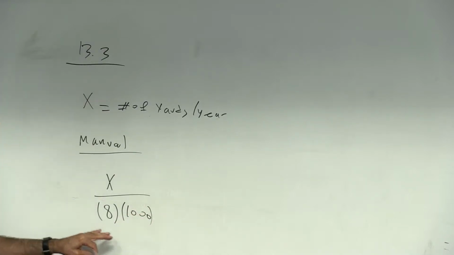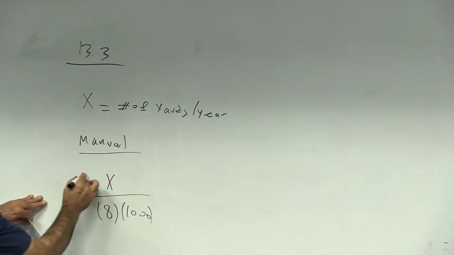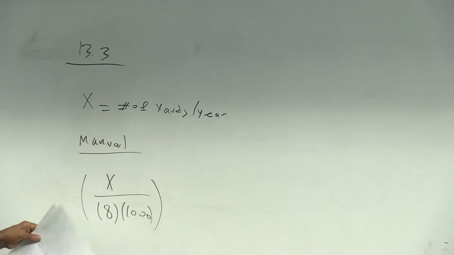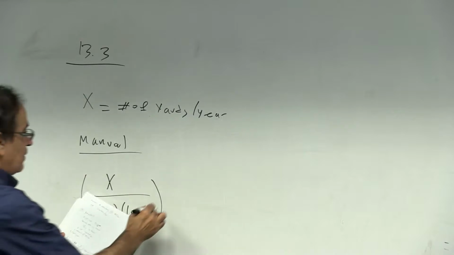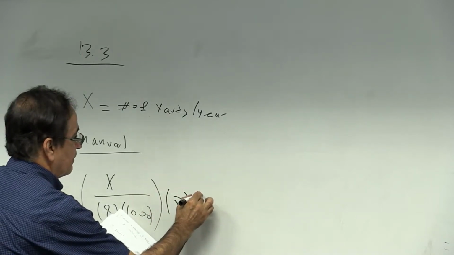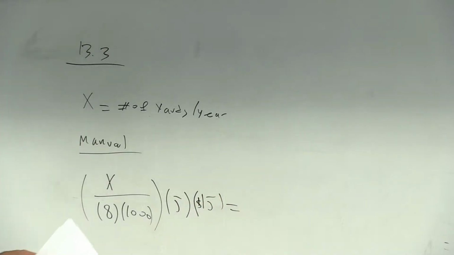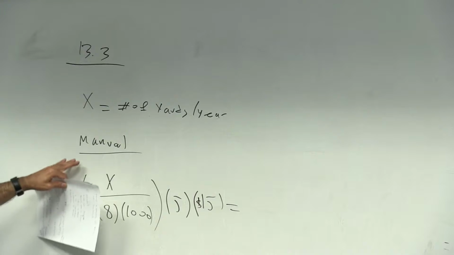That's how many yards they're going to produce in one day. If you divide X over this, that's the number of days per year. And you're going to multiply this by 5 operators times $15, that's the rate of the operator. That's going to be the annual cost for the manual.